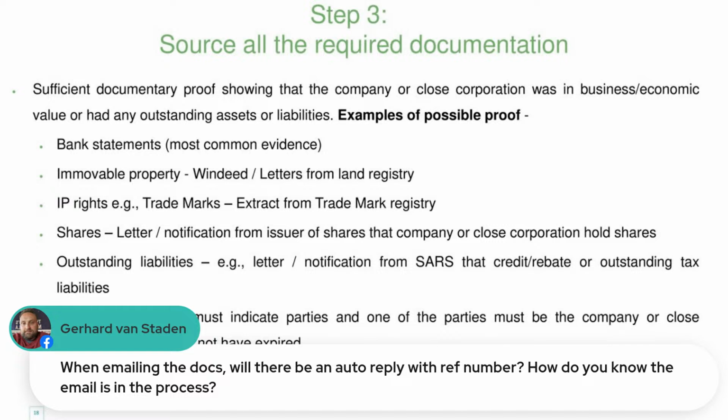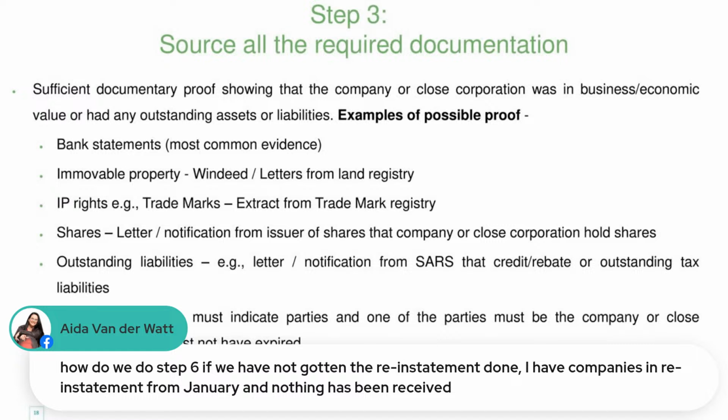When sending documents, yes, you will get an auto reply from the email, and also you can check on your transactions whether the application has been tracked or not. And if it's not, you make a follow-up by sending an email to inquiry.reinstatements at cipc.co.za or call the call center. Thank you.